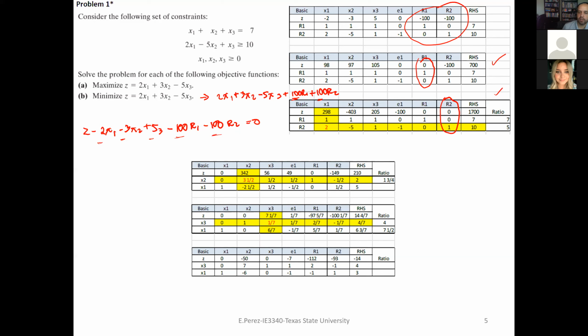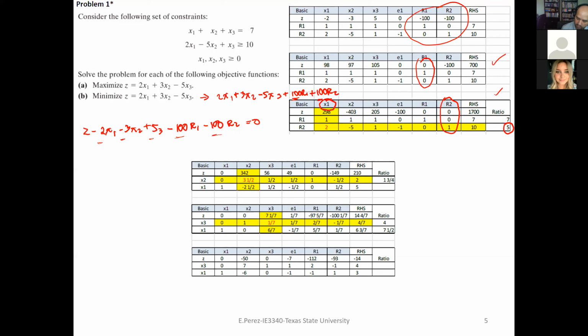At this point, we can apply the simplex algorithm. Since we're minimizing, we look for the largest positive coefficient, which is x1. So x1 is going to enter. We perform the minimum ratio test. 5 is the smallest value, so x1 is going to enter and R1 is going to leave.